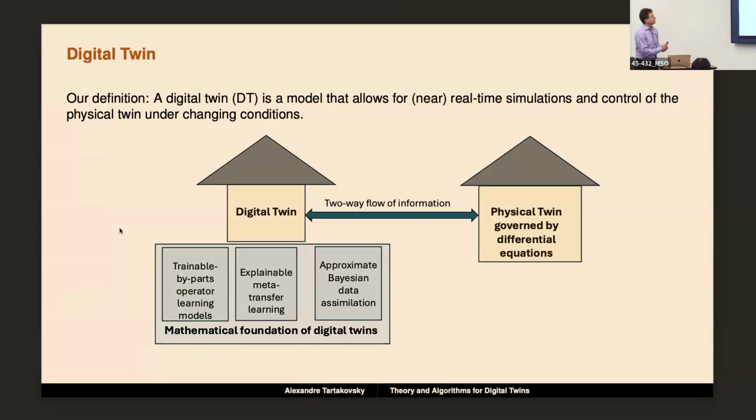So digital twins. It means different things for different people. There are many different definitions, I guess they depend on the application of the digital twins. So let me start with our definition of a digital twin.